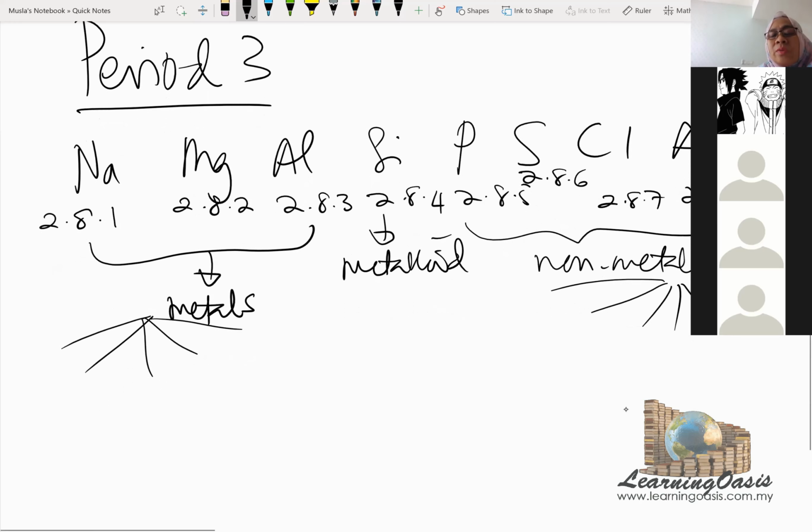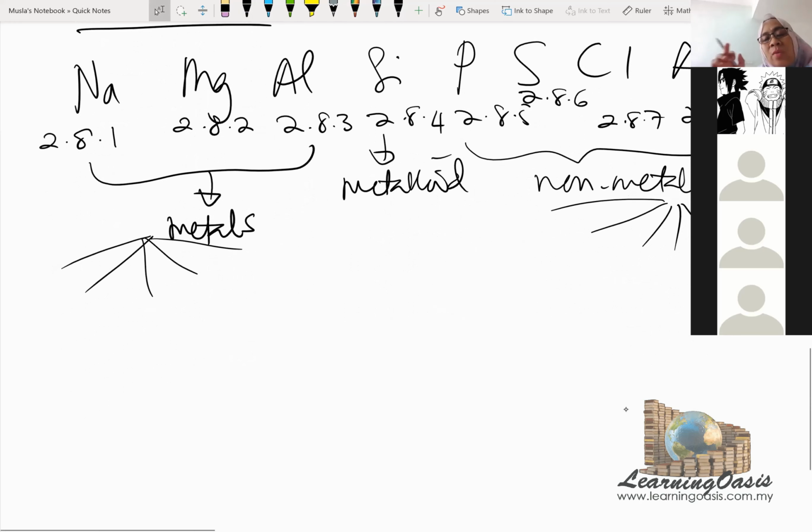Now remember just now I said the reason elements react together to form a compound is because the element needs to achieve octet stability. Octet stability means you have to have 8 valence electrons, duplet or octet stability, right?